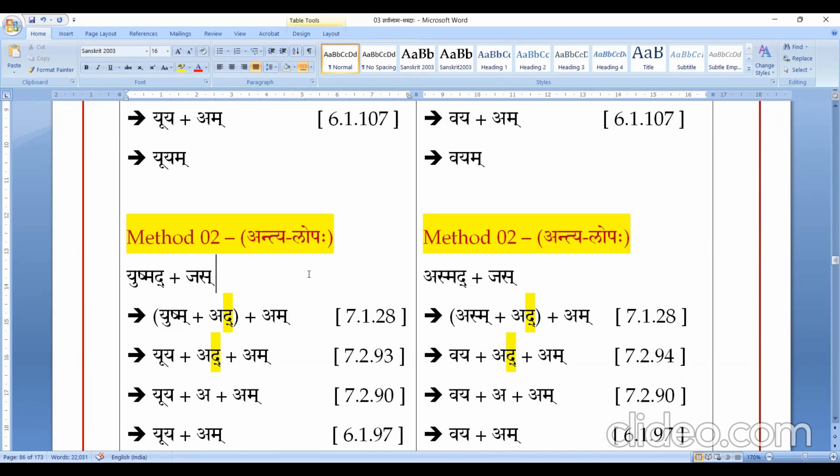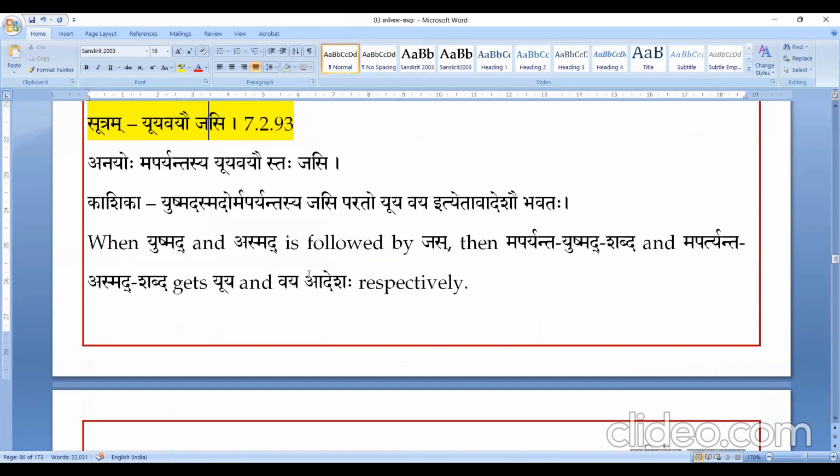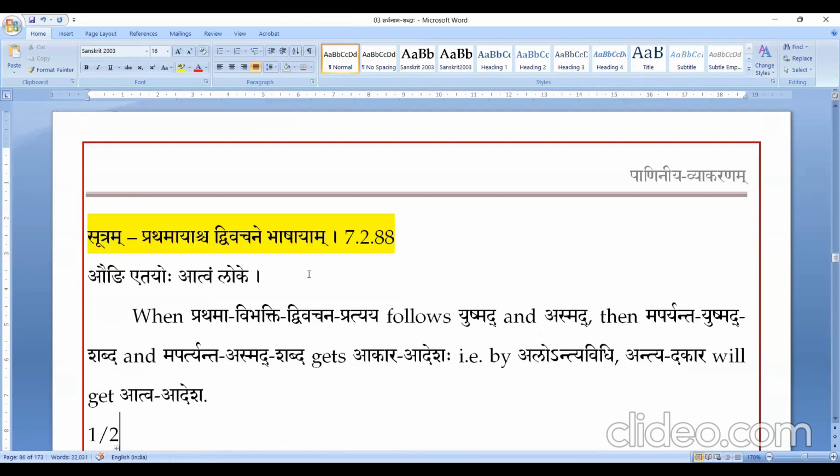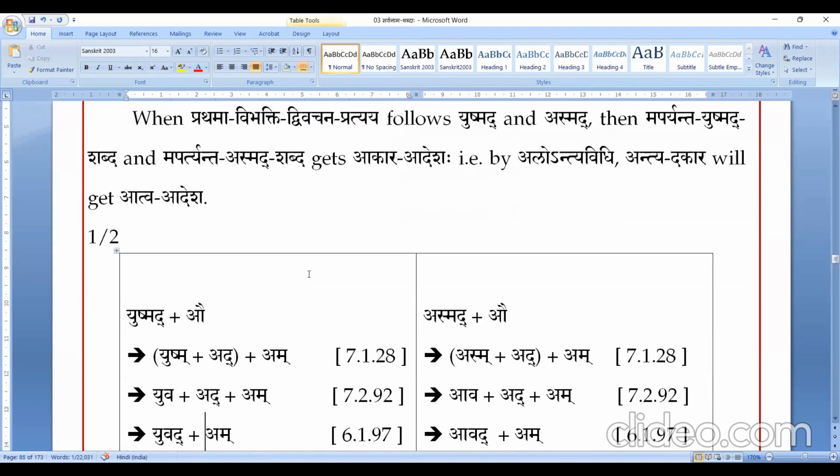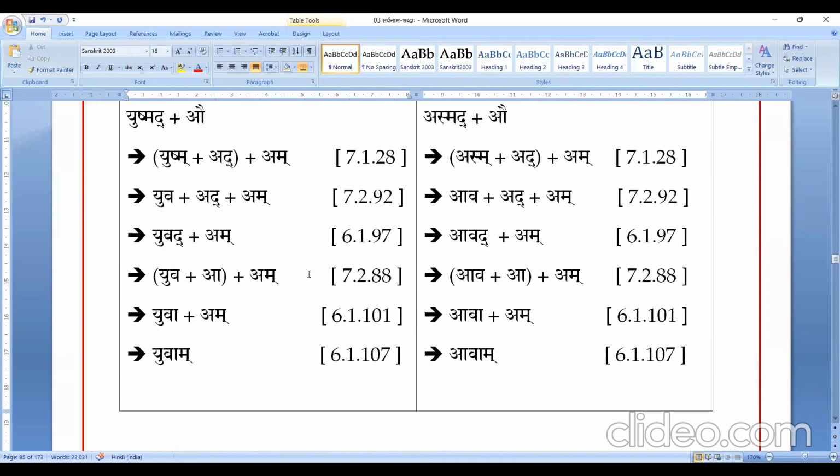The Akara Adesha, Asmadushmadoh, Akara Adesha, Pratamayascha Dvivachane. This is one place where you get Atva Adesha. Because it gets Atva Adesha, therefore you have only one method. Because Sheshe, other than Atva, therefore here you can see Ti lopah bhavati, not Antyasya Lopah.